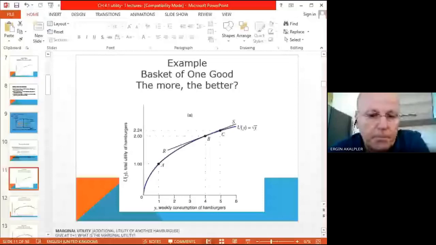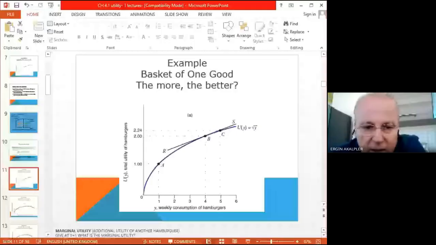And we have to find the best possible option for our so-called given scenario. Here, as I mentioned in our former graphic, we have different points A, B, C, where our marginal utility is increasing.